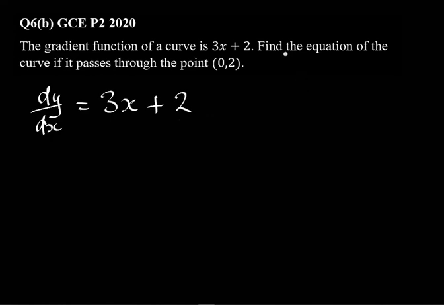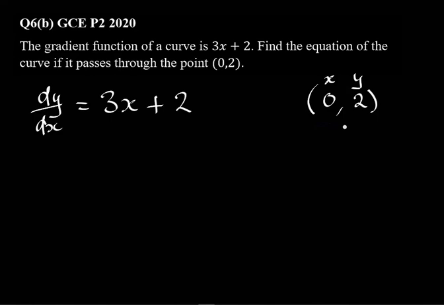Then they're telling us that we need to find the equation of the curve. It's not a tangent this time, it's not a normal, but we want to find the equation of the curve if it's passing through the point 0, 2. So, very important, 0, 2, I'll say that's x and y.